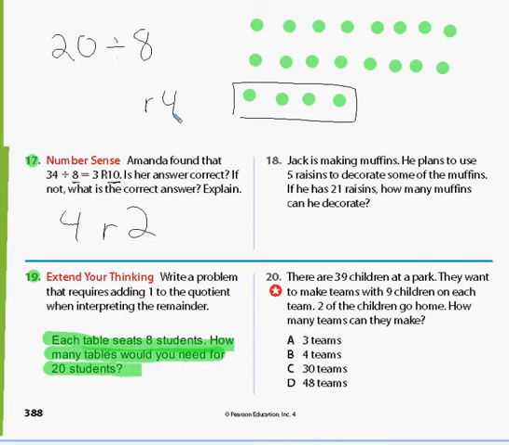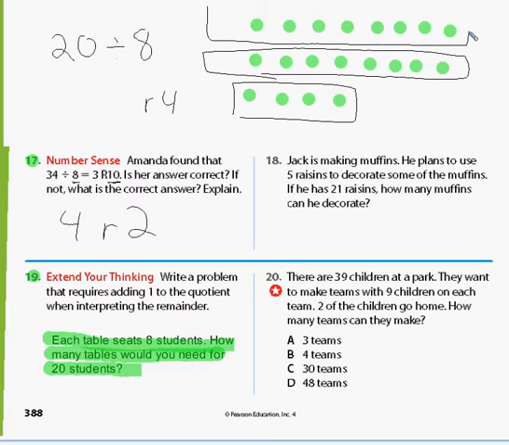It's like 2 full. 2 of my tables are going to be full. So that's 2 remainder 4. But I need to add 1 to my quotient because these 4 students right here can't sit on the floor. So we're going to have to add 1 to the quotient. So that's an example of a problem where we'd have to add 1 to the quotient to get our answer correct.